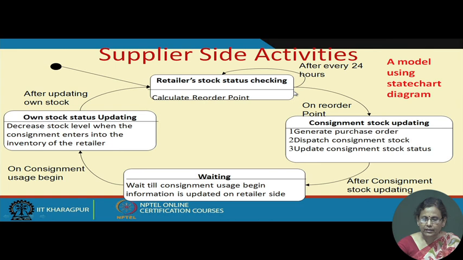Look, it is a real system, which assumes real time connection with the point of sales system of the retailer, so it is always updated. The moment the supplier's system senses that the reorder point has been reached, who is calculating the reorder point? The supplier is calculating the reorder point himself, not the retailer.